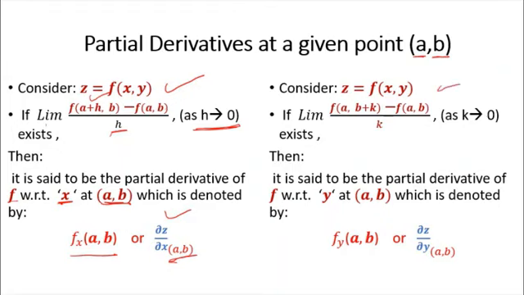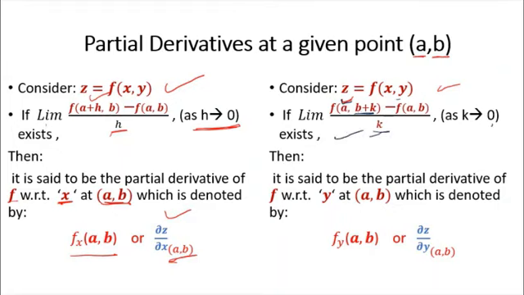In a similar way, the partial derivative of f with respect to y at the point (a, b) will be, if the limit of f of a comma b plus k, minus f of a comma b, by k as k tends to 0.